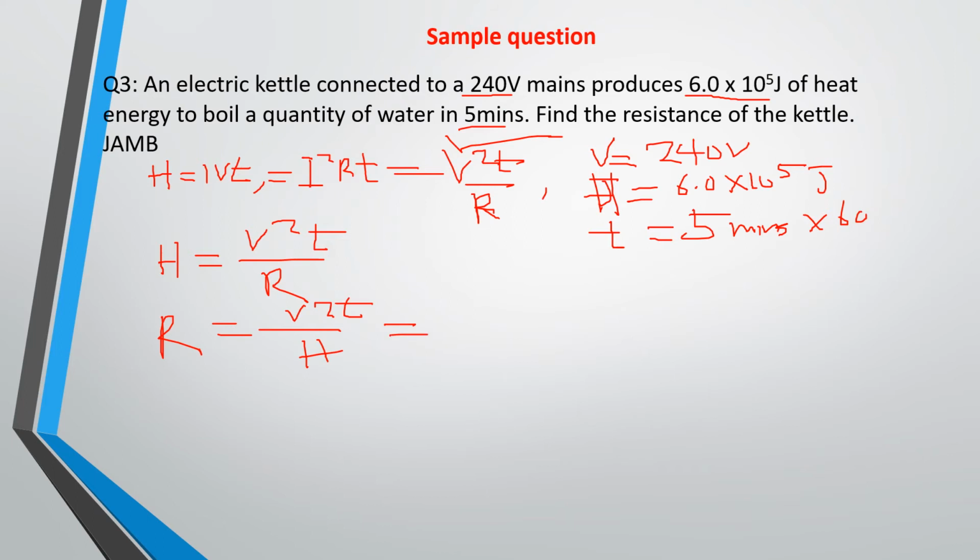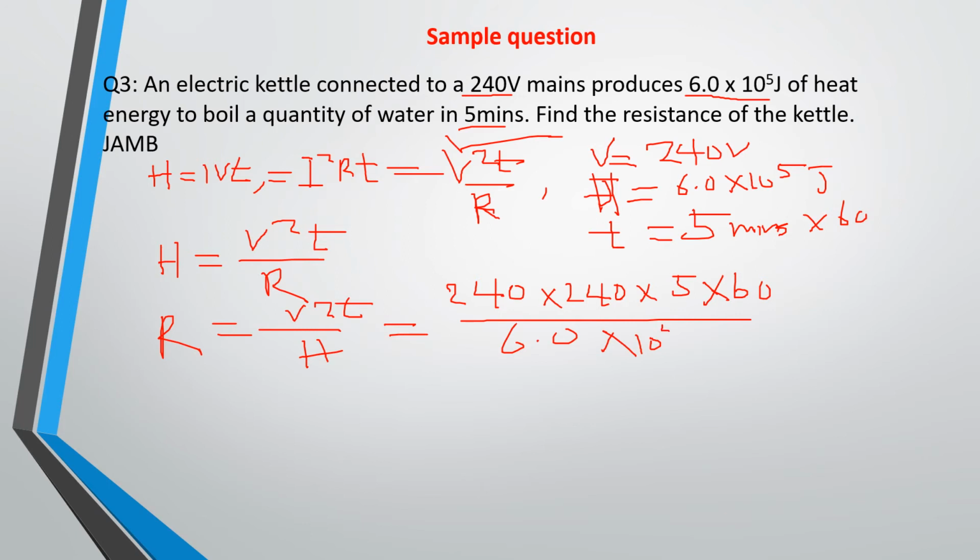V is 240, so that will be 240 times 240 times 5 times 60. Remember, we're converting minutes to second, all over 6.0 times 10 raised to power 5 joule. Okay, so you can punch all this out in your calculator.